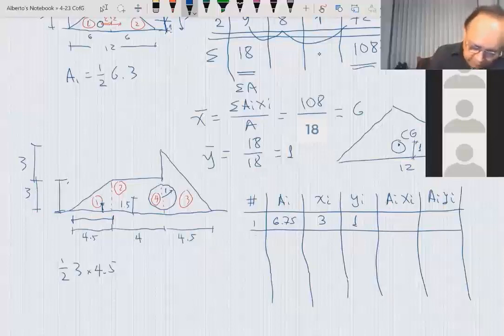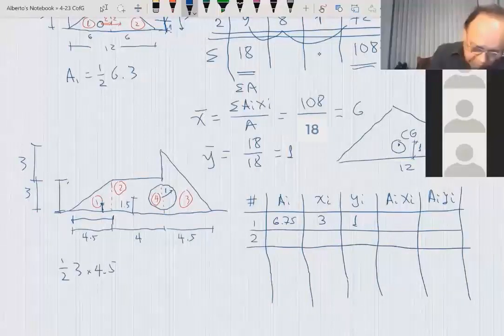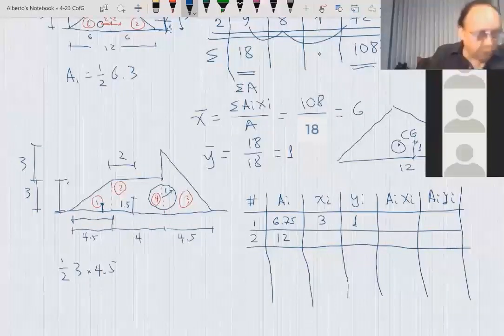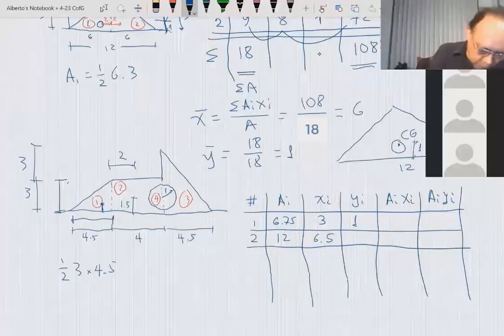Then area number 2 is just a rectangle, 4 by 3, 12. The location of the centroid is 1/2 of 4, this is 2, 2 plus 4.5, 6.5. In the y direction, 1/2 of 3, 1.5.